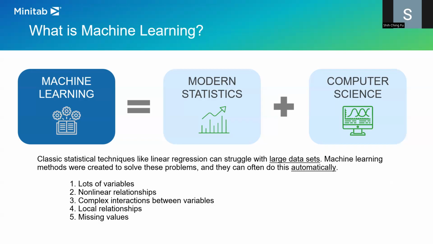It can also handle missing values. That means it can find a variable correlated very closely to that variable and replace the value with it. So we don't have to get rid of the data, because in regression, if one observation is missing, that line is gone. We're not going to use that. But in machine learning, we can utilize the missing values using different techniques.